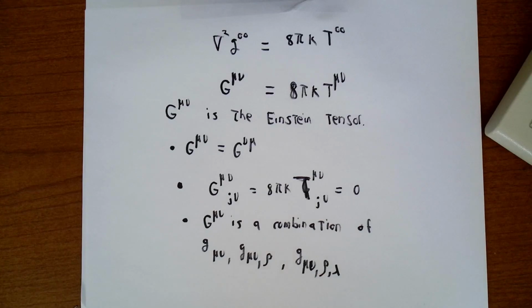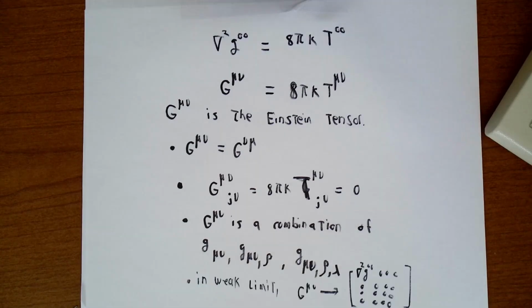It's going to turn out that just given these assumptions, this pretty much nails down what the Einstein tensor has to be. Except for one adjustable parameter, this is going to completely specify what the Einstein tensor is going to be.